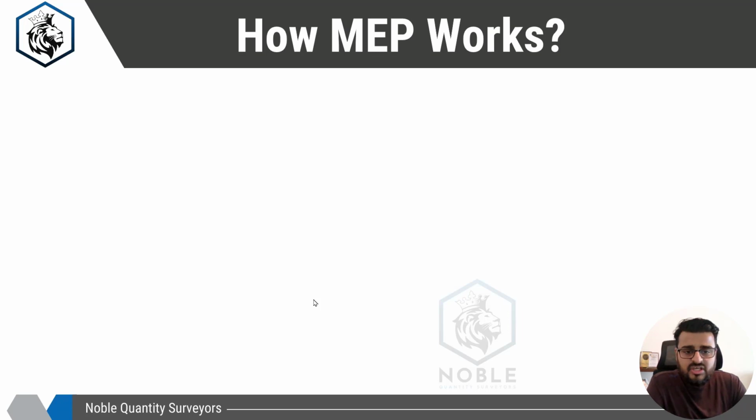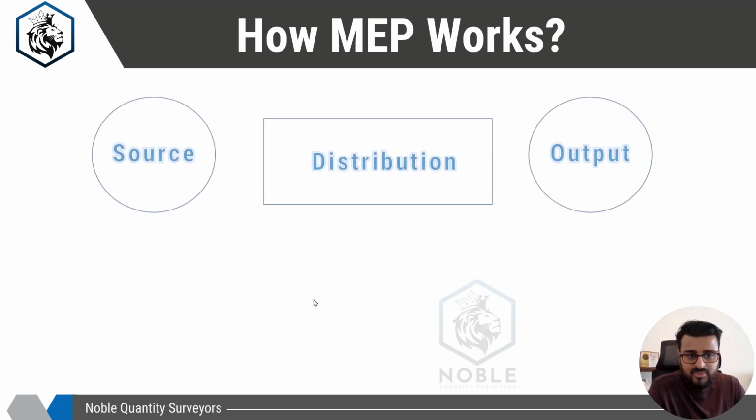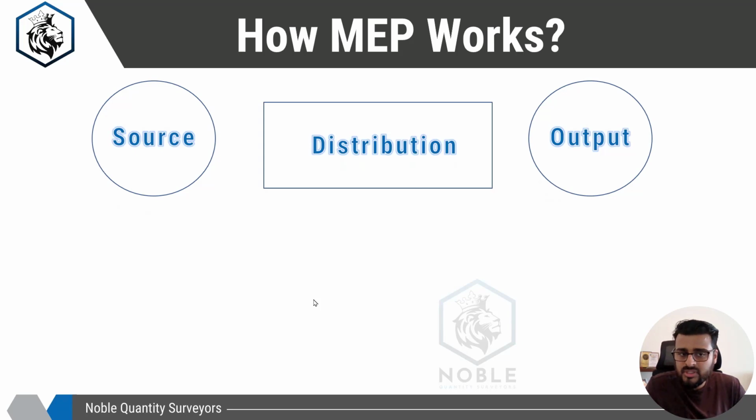The next is how MEP works. How MEP works is: the first is the source, the second is the distribution, and the final is the output. I'll give you a simple example.